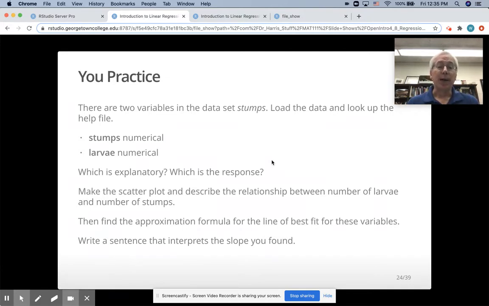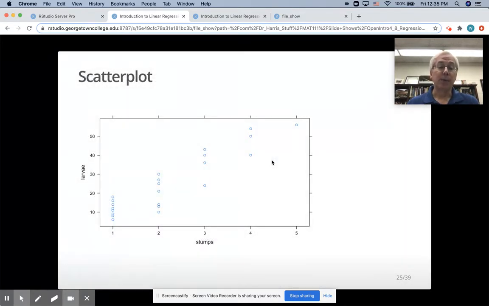So I'm going to go on now and briefly go through the output that I've generated for you just for checking your work. So this is the scatter plot that you should get. Apparently we want to choose stumps as our explanatory variable. We see that there is a positive linear association here of some sort.